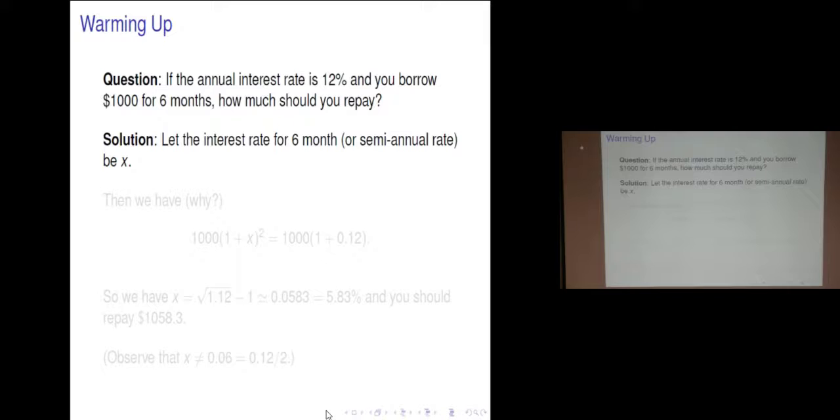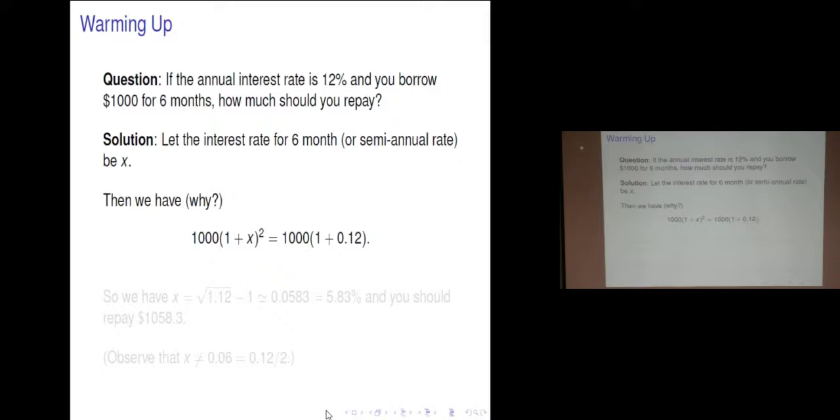Suppose the interest rate for 6 months is X. By the proposition, we know that after a year, you should have 1,000 times 1 plus x to the power 2, because obviously 1 year has two 6-month periods.